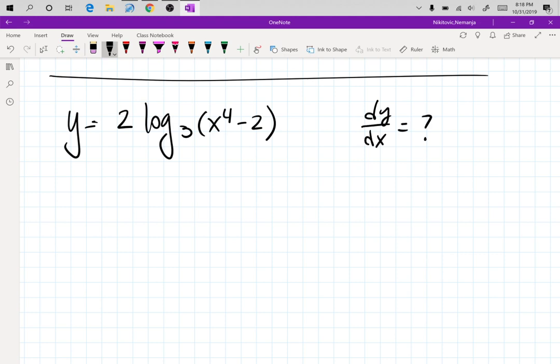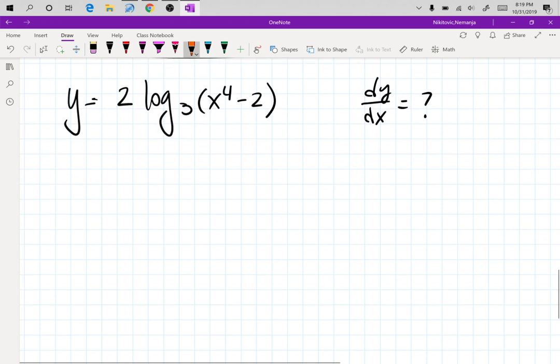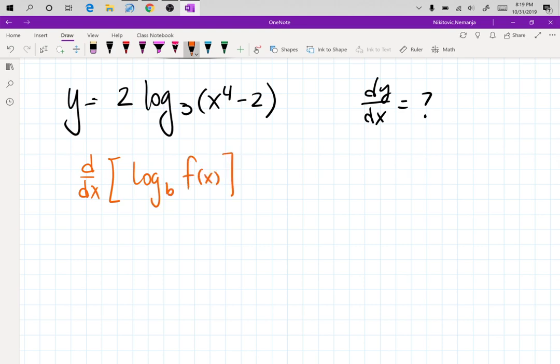We're looking for the derivative. Log base 3, yeah. So if you forgot the formula or didn't get to it yet, the derivative of log of base b of some function is f prime of x divided by f of x times ln b.